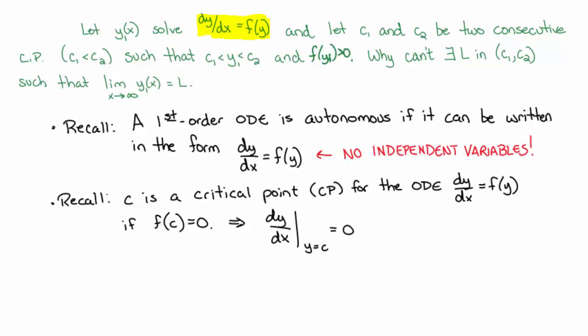That's not actually a strict requirement; we could have f of y1 be strictly negative, but it's of one sign. That's what's important here. So the derivative is positive on that region.